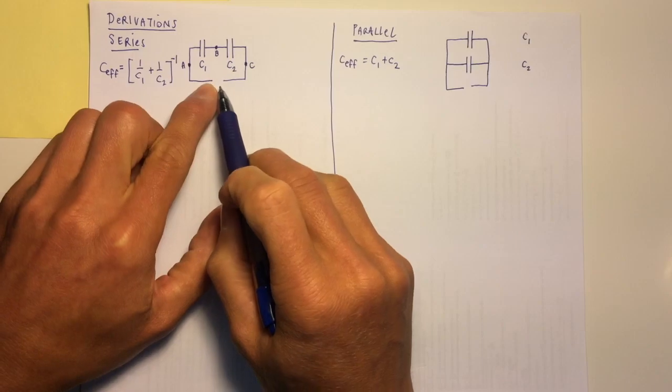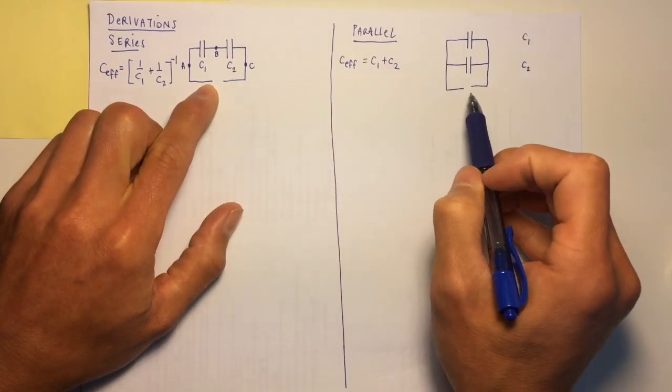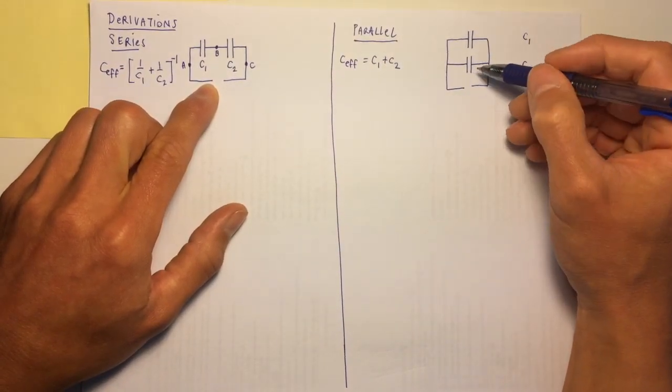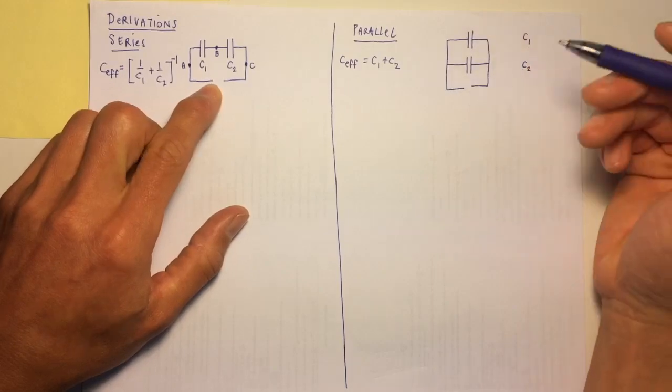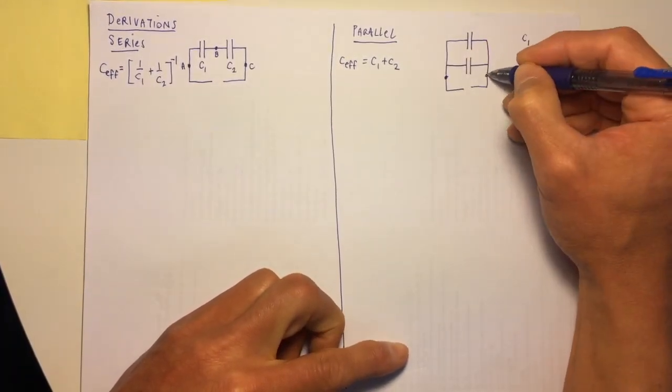Now in parallel, let me go over here. I've got a really different looking problem. No battery, 2 capacitors, but the hookup is really different. I've actually only got 2 conductors in this case.